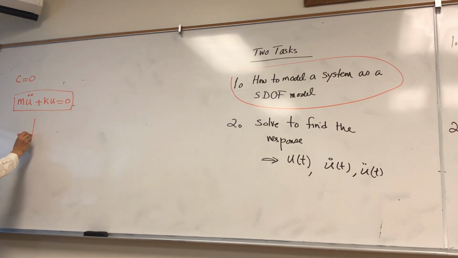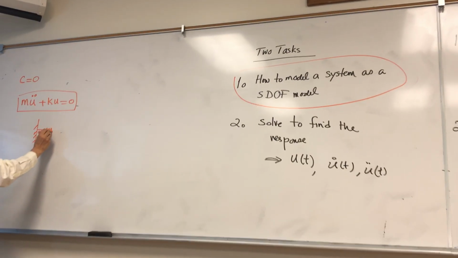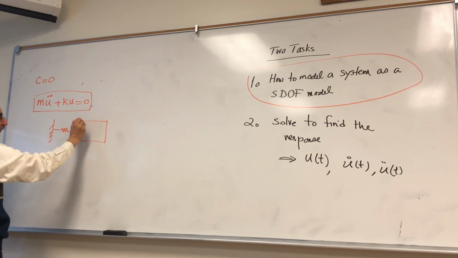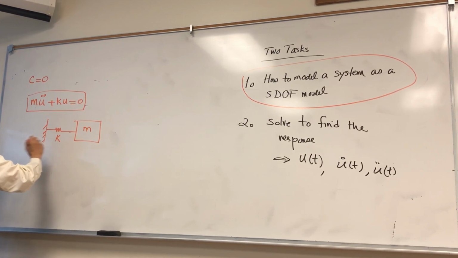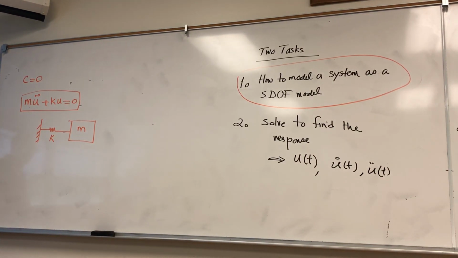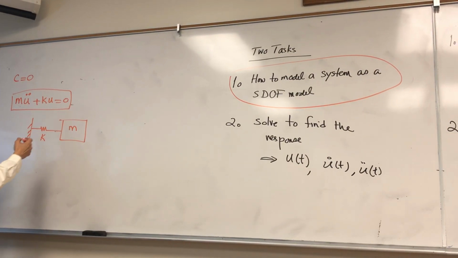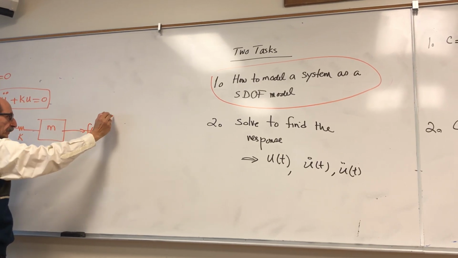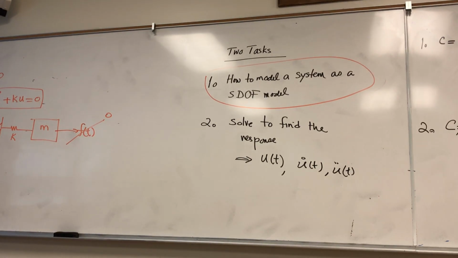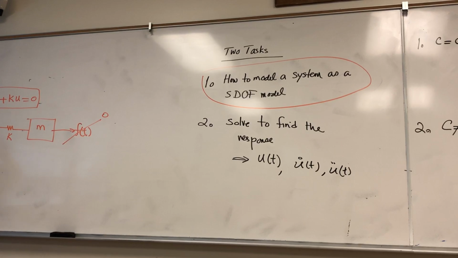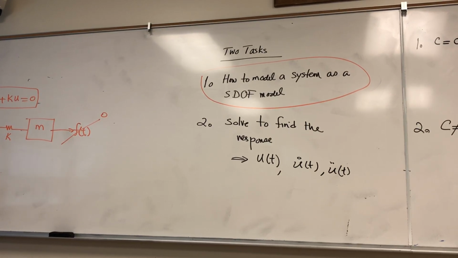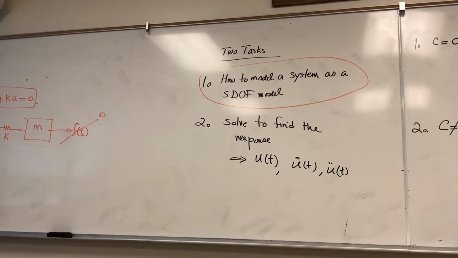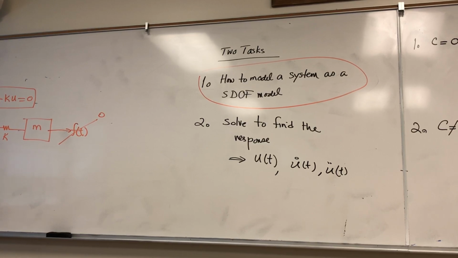Or basically, you have a system that only consists of a stiffness and a mass, subjected to a load that has caused the vibration and now has disappeared. So how do you solve the second order linear, homogeneous, innocent looking differential equation? Do you remember that? Anybody?